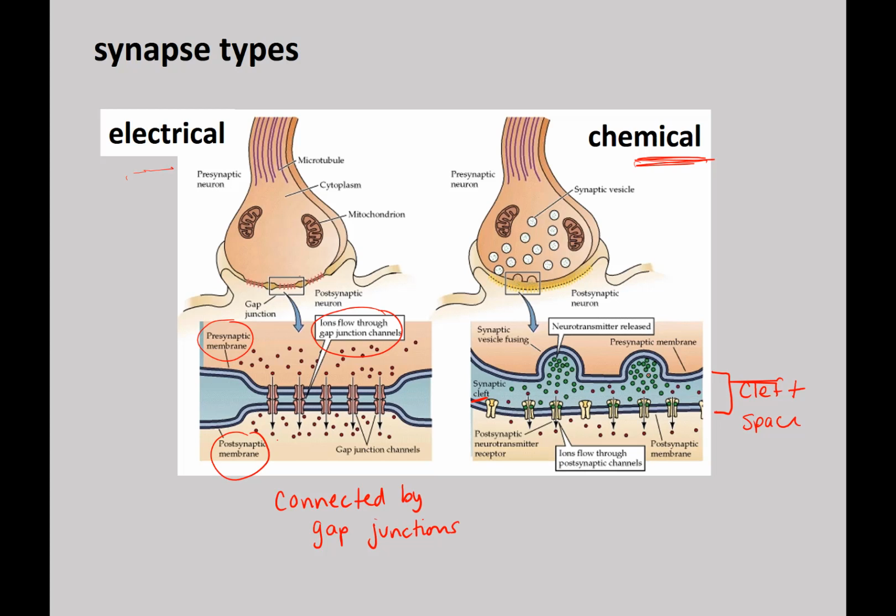What's happening in this cleft is that these little green dots represent neurotransmitters, or chemicals, that are secreted into this space, and they diffuse to the receptors on the postsynaptic neuron. So you can imagine this is slower because you have to allow diffusion to happen.